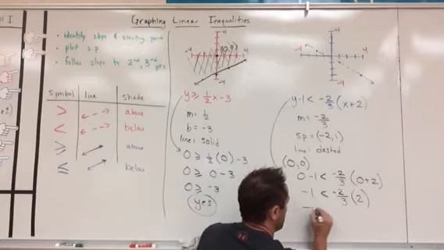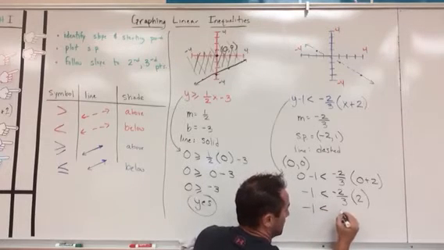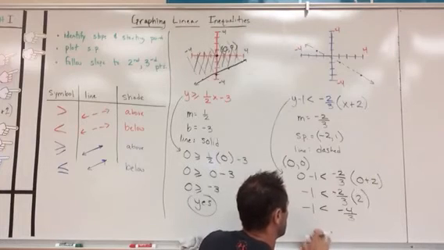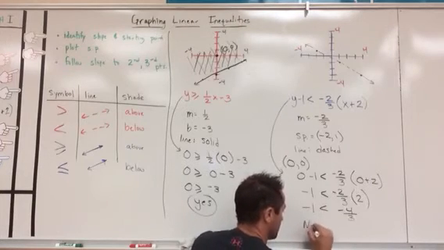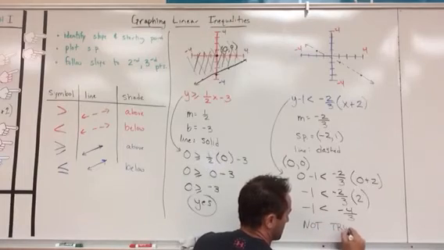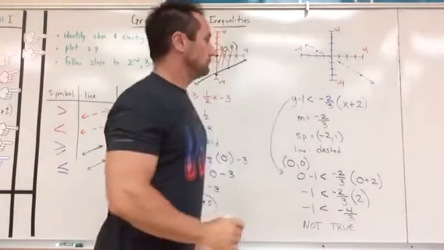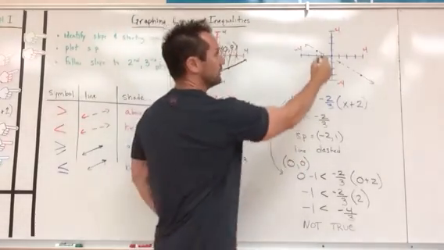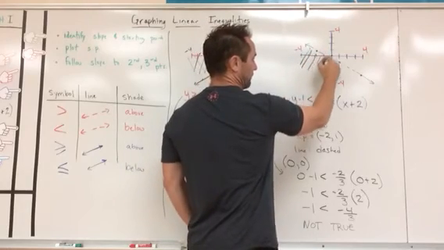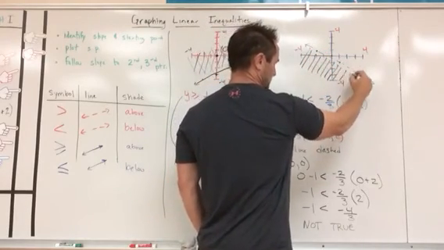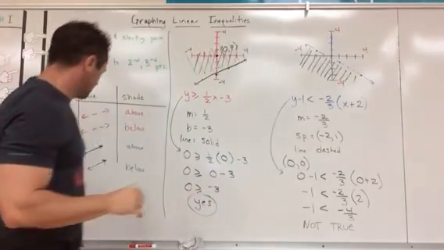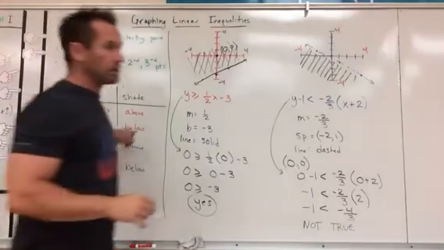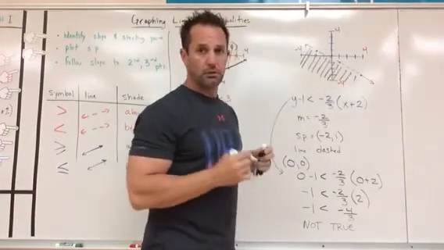And then -1 is less than -4/3. Now this is not true. Therefore, the test point of 0, 0 is not going to be in the shaded region. So we would shade everything that does not include 0, 0. And if we look back at our chart, it said that less than shades below the line, so we did shade below the line.